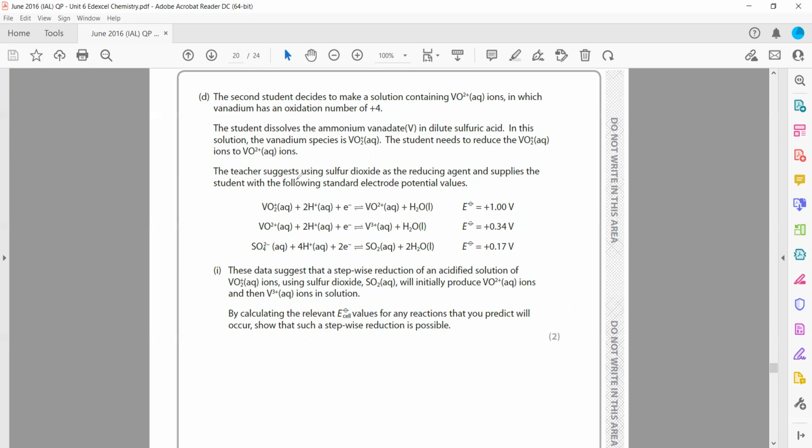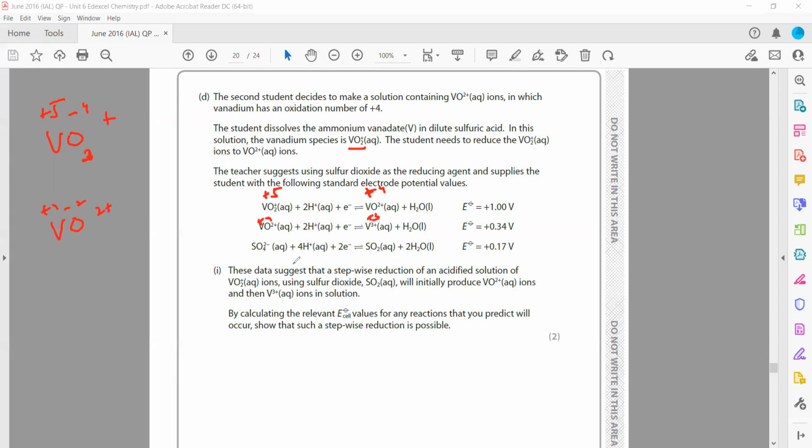Ammonium vanadate in dilute sulfuric acid: the solution contains VO2 with a charge of +1. Each oxygen is -2, two oxygens will be -4, so vanadium is +5. And VO with a charge of 2+, each oxygen is -2, so vanadium should be +4. So this is +5 and +4, and here this is +4 changing to +3.